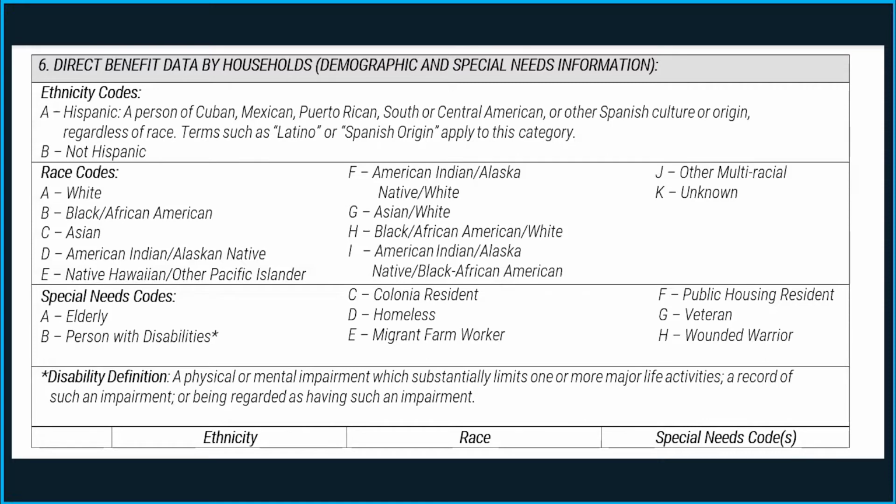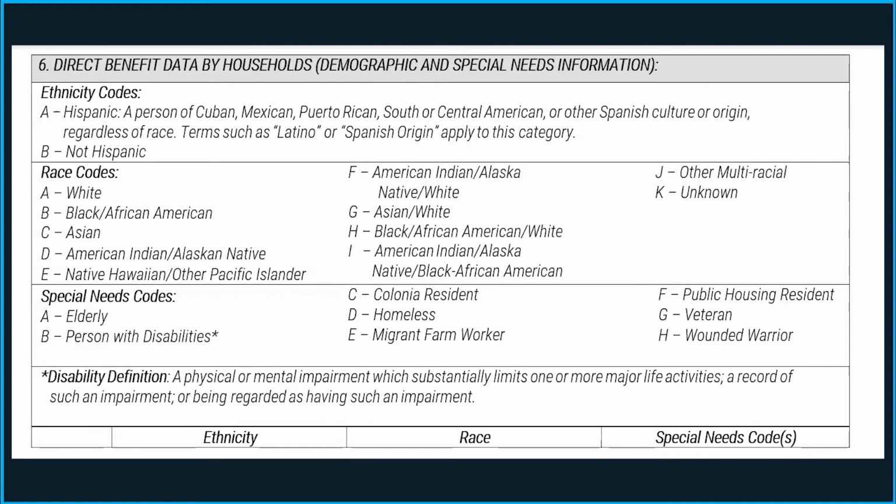There are 11 race codes to choose from, codes titled A through K. Only choose one code. The second column has race codes for some common mixed races such as American Indian and White, Asian and White, Black and White, etc. If you are multiracial but don't fall into one of those categories, please check J, Other, Multiracial.